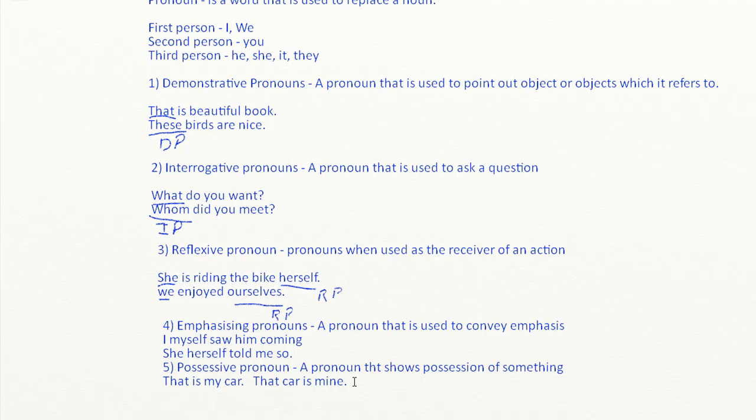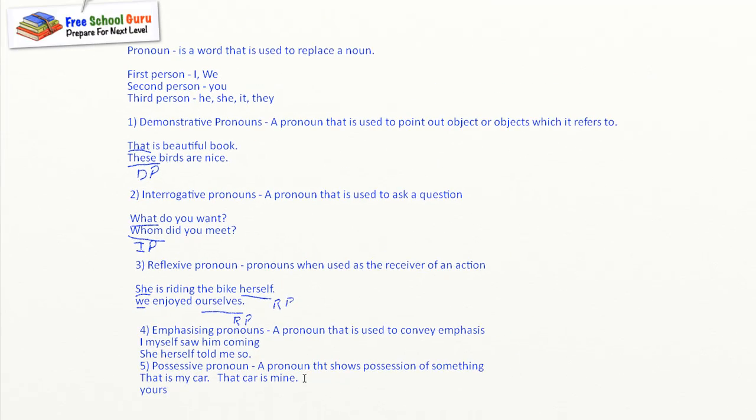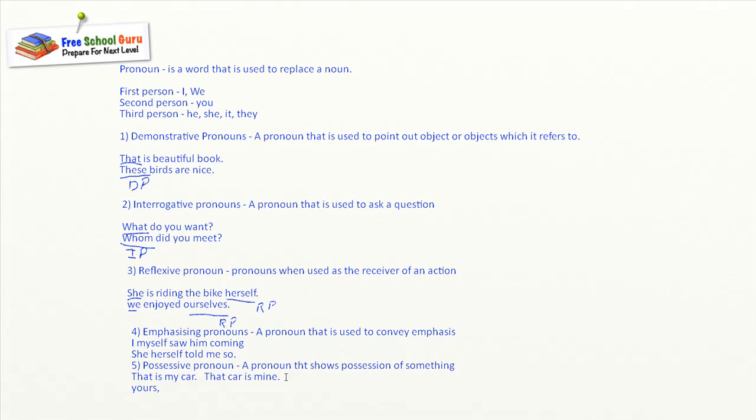My, mine, yours, his, hers, theirs. So if you noticed, all these words are basically identifying a possession of something.